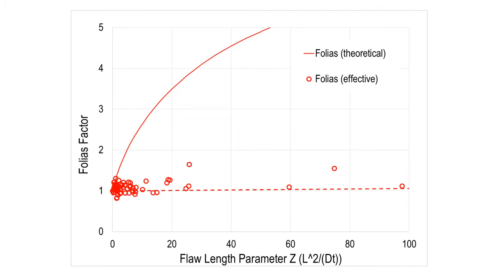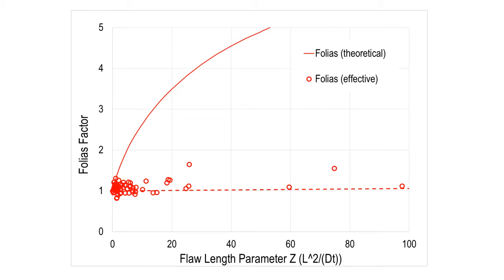In this particular case, I've used the modified B31G Folias factor. If you were to try this with any other Folias factor, you would get a slightly different curve there. Now, you'll see with the red circles, these are the back-calculated effective Folias factors that come out of those 85 data points that we just looked at a couple of minutes ago.